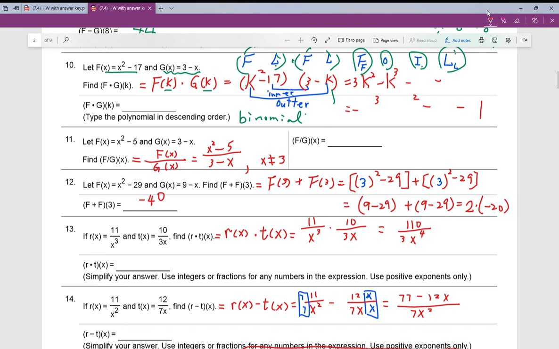Inner product, 3 times 17, negative 51. Last term times last term, plus 17k. So if you rearrange by descending order, the highest degree, negative k cubed plus 3k squared plus 17k minus 51.